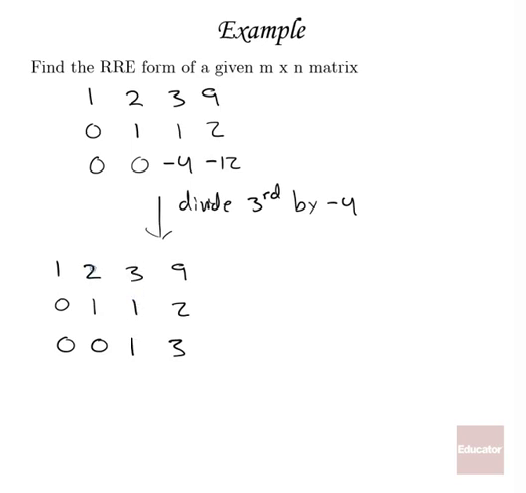So let's go ahead and take, let's do this in a couple of steps. Let's go minus 1 times the third row plus the second. And we'll do minus 3 times the third row plus the first.